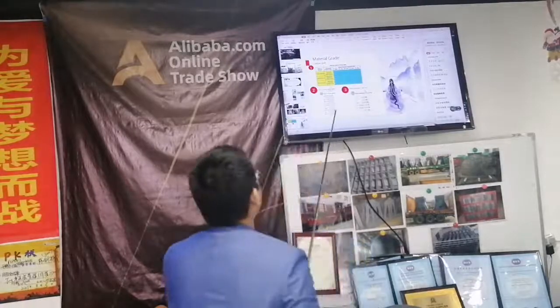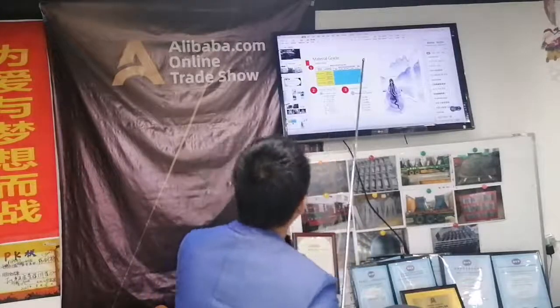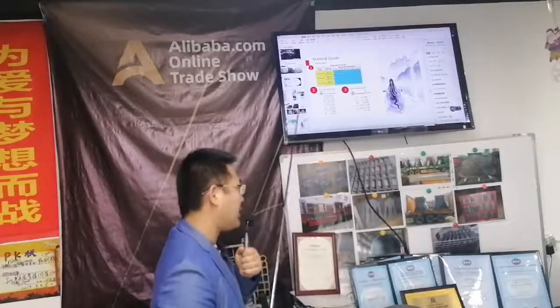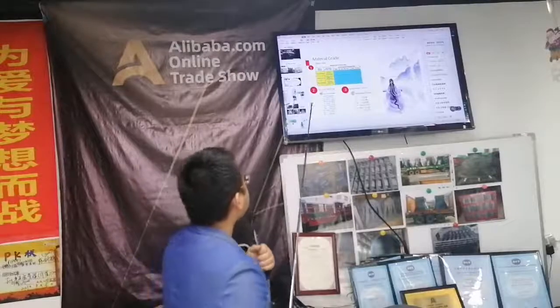And this carbon steel is more popular in slag pots or kettles.